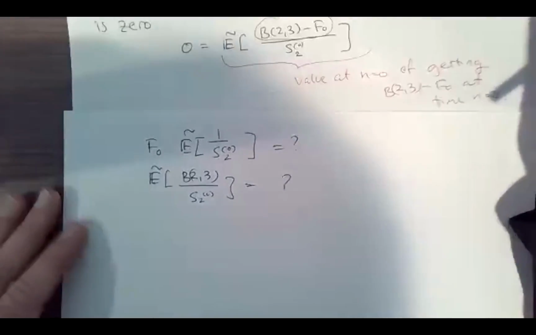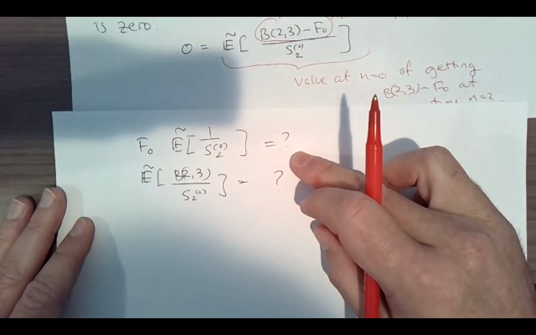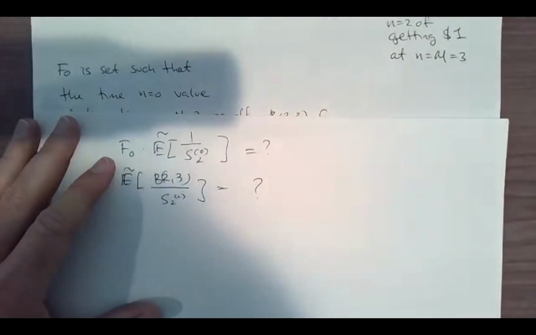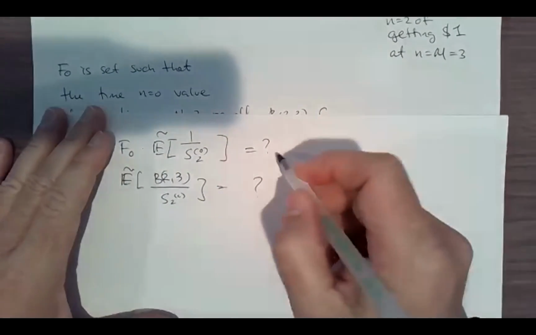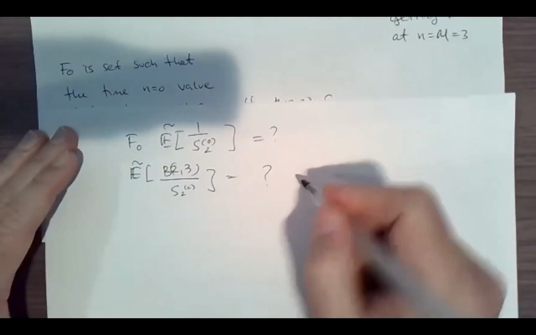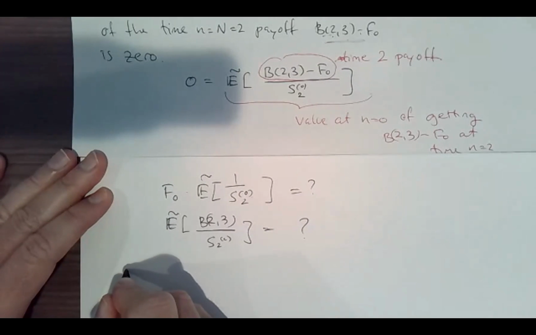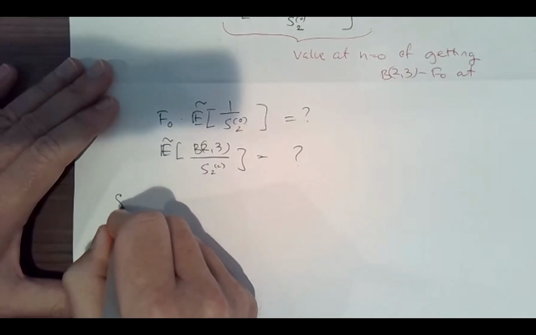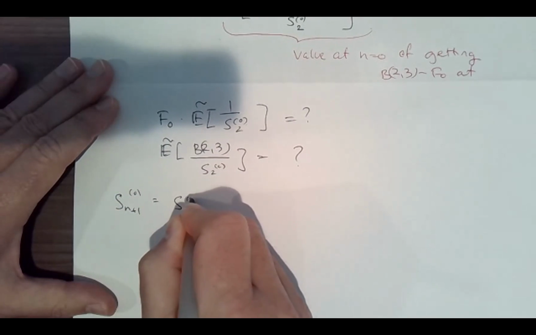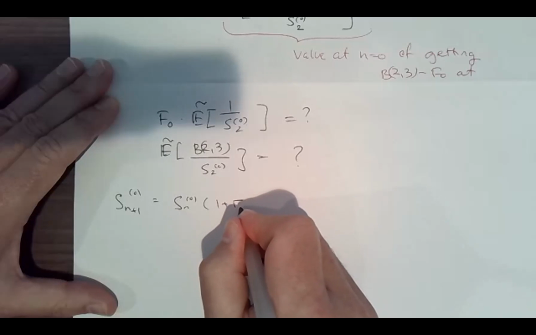Do you want me to calculate these 2 expectations here? We can do that. Let's work out what the first one is. To get the first one, we need to know what the money market account dynamics are. S_{n+1},0 would be S_n,0 times 1 plus the interest rate R_n.